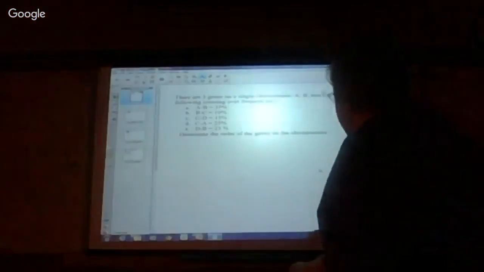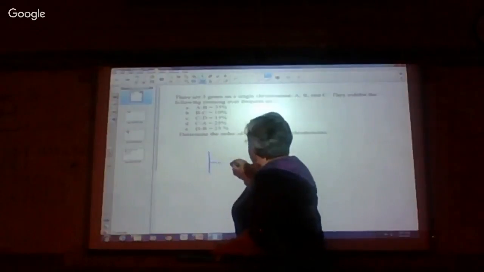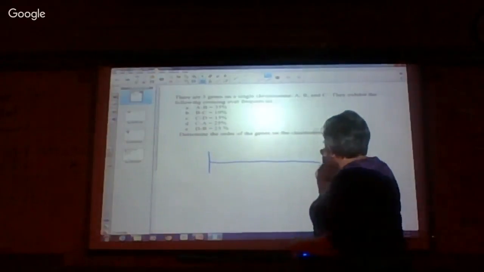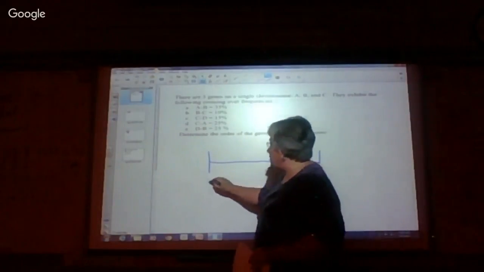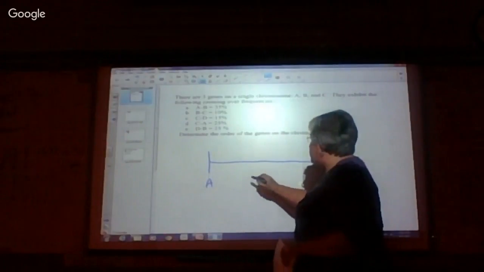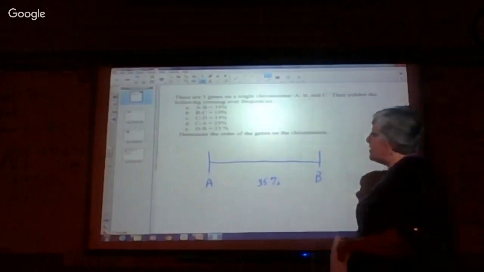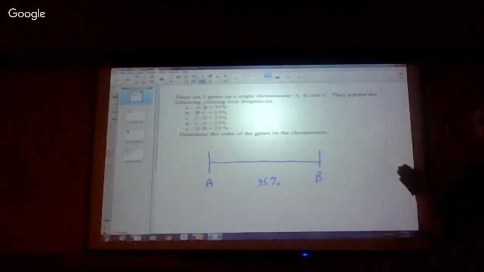A and B, okay. And so all I do is I just kind of draw a line with my two ends and I'll label this A and B. Okay, and this between A and B is 35%. So you kind of have to look at these, and everything needs to add up pretty much.